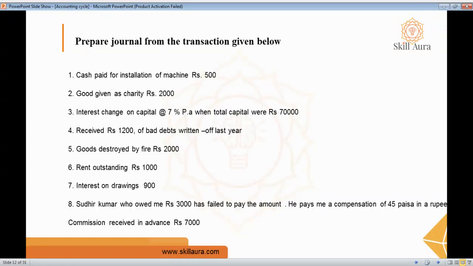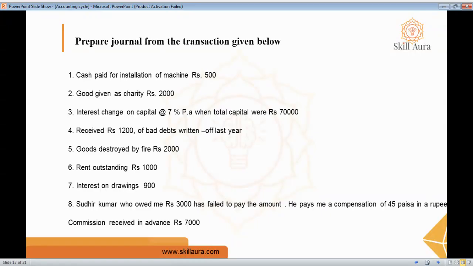In the next transaction, interest is charged on John's capital at 7% per annum when the total capital was 70,000. Here it is an expenses transaction. In the debit column, the interest on capital expenses account is accrued.